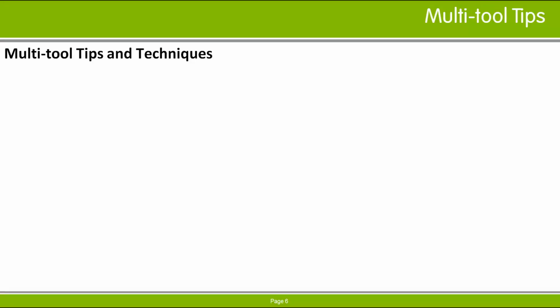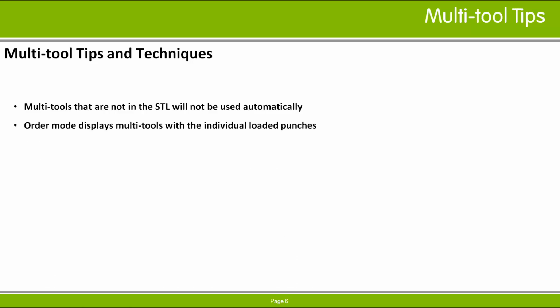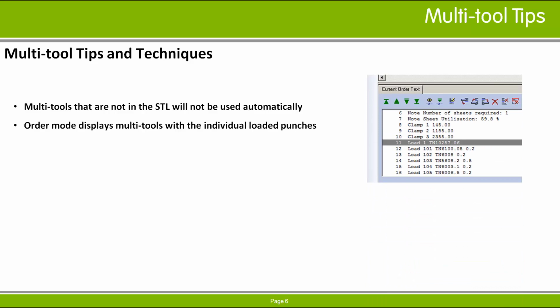Some tips and other important points to make about multi-tools include the point mentioned earlier that unlike simple tools, multi-tools that are not saved in an STL will not be used by automatic tooling. Order mode shows the multi-tool loaded in the main station and the associated multi-tool punches in the multi-tool stations listed below the main station.